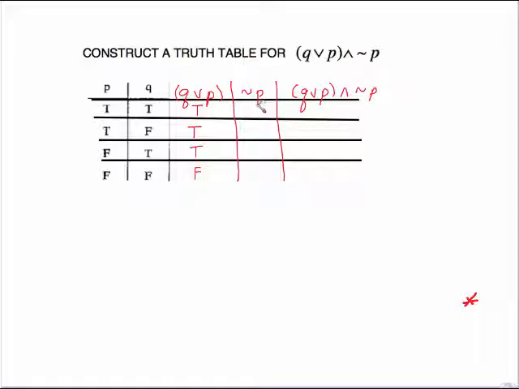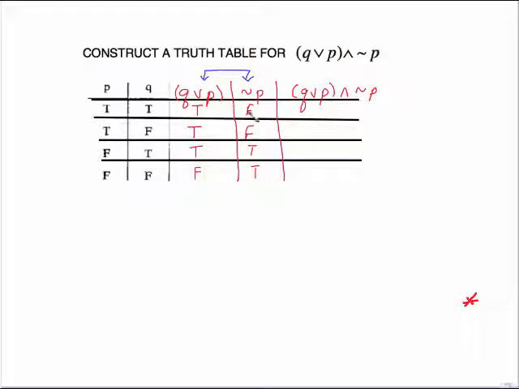Not P just tells us to look back at the P column and negate all of that, which means flip-flop these. So the two T's both become F's. The two F's become T's. Now we are ready to put our whole statement together, looking at these two columns, which make up this statement. This is Q or P and not P. So it's these two columns we need to look at using the connective and.